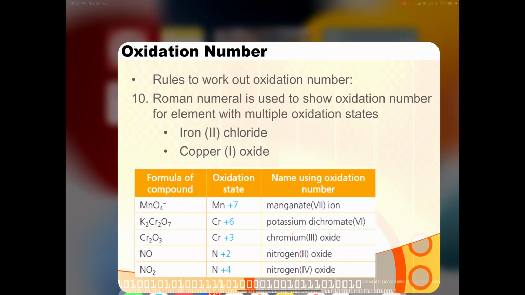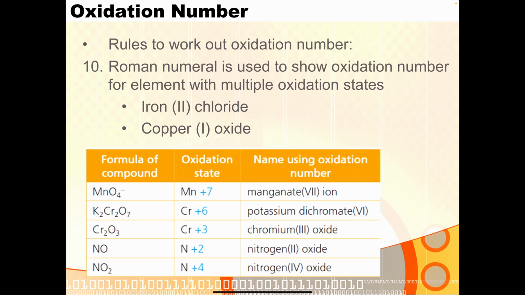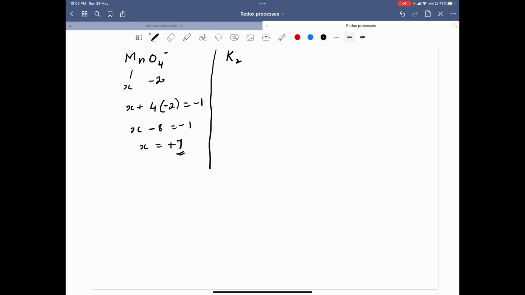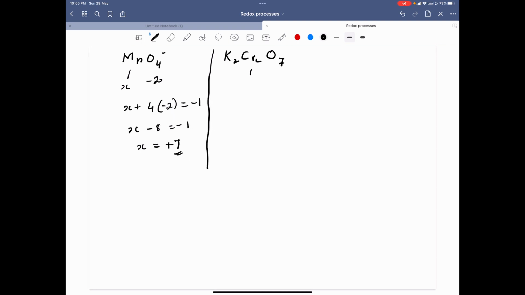So now we know how the oxidation number of manganese was plus 7. Now let's try to find the oxidation state of chromium in potassium dichromate. Please pay attention. K2Cr2O7. We have to find out the oxidation state of chromium, so we can write it as x over here. Oxygen we already know is minus 2, and potassium is group 1, so it will be plus 1.